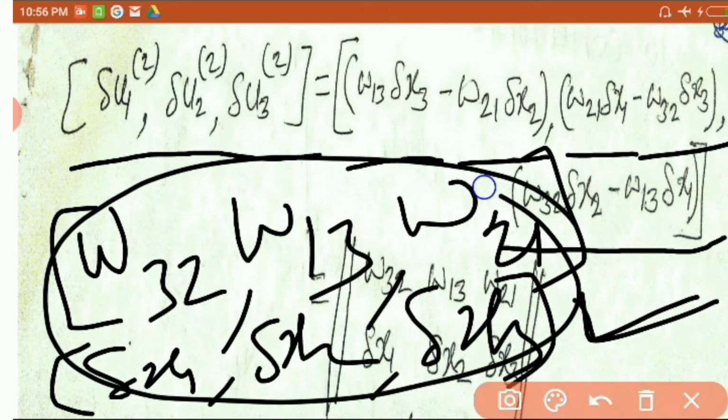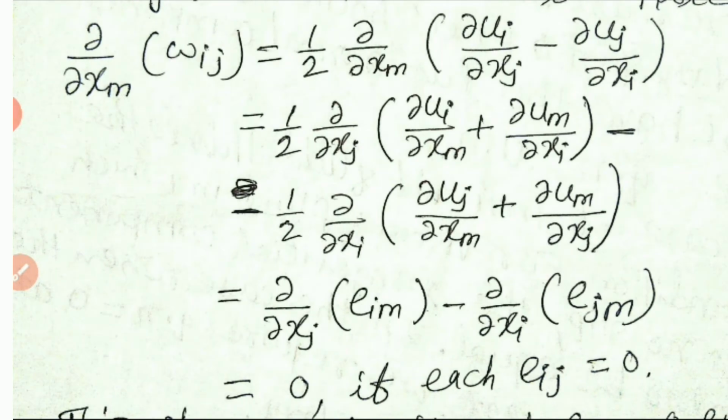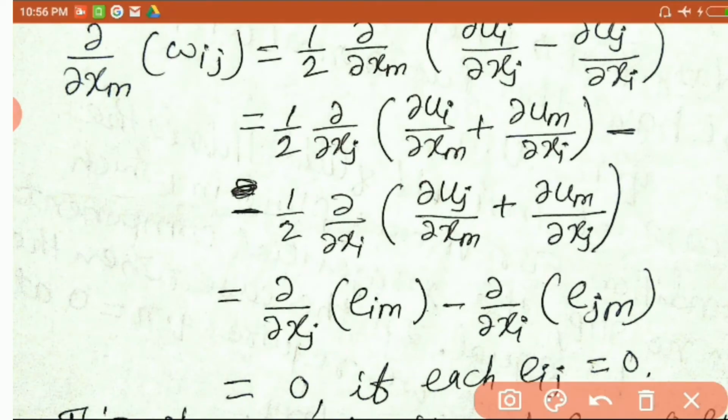Vector product of this is this. So this shows that the component delta u_i^2 represents a rigid body rotation, and therefore we note that delta x_m w_ij is equal to 1/2 ∂/∂x_m (∂u_i/∂x_j − ∂u_j/∂x_i).